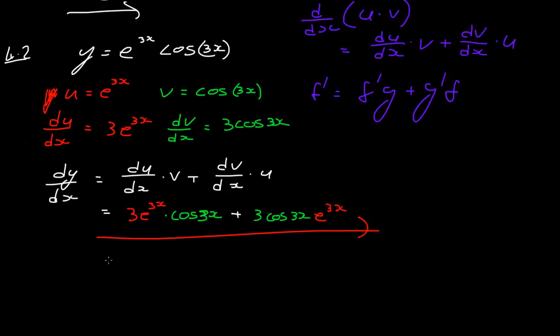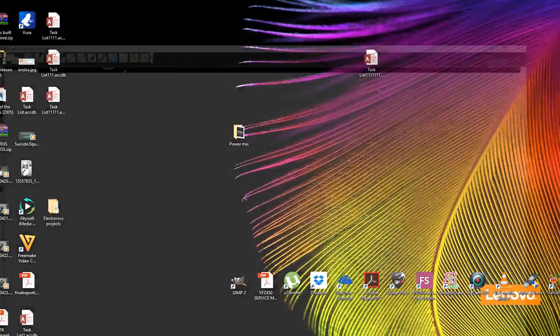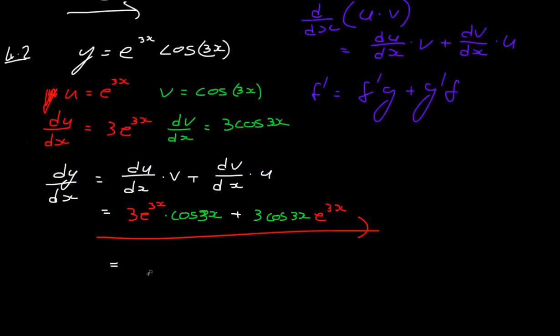You could simplify it a bit further and write it as maybe, sorry about that. I think I've selected something which I didn't mean to select here. Sorry about that.